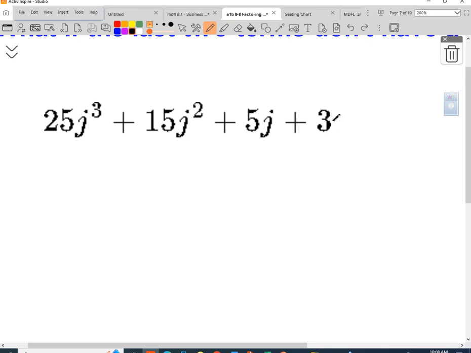So what's step 1 say to do? Group into 2 expressions. That's right, fine. What's step 2 say to do? Pull out a GCF from each term. Okay, so what's the GCF of the first group? 5. Is there a variable greatest common factor? J squared.